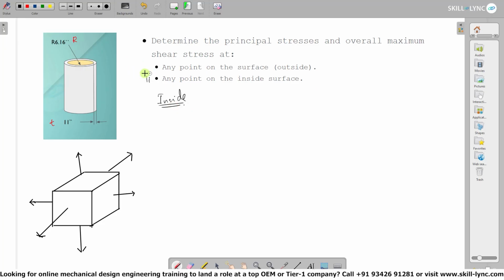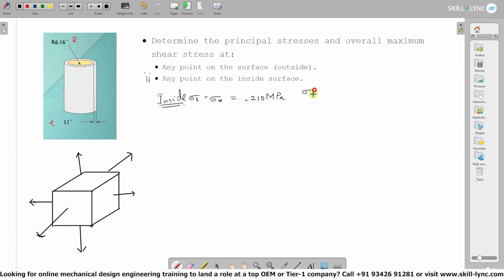Because there is an inside pressure or inside stress, we can call it sigma x, which is equal to minus 210 MPa. You can call this sigma x or one of the stresses, which is sigma 1.